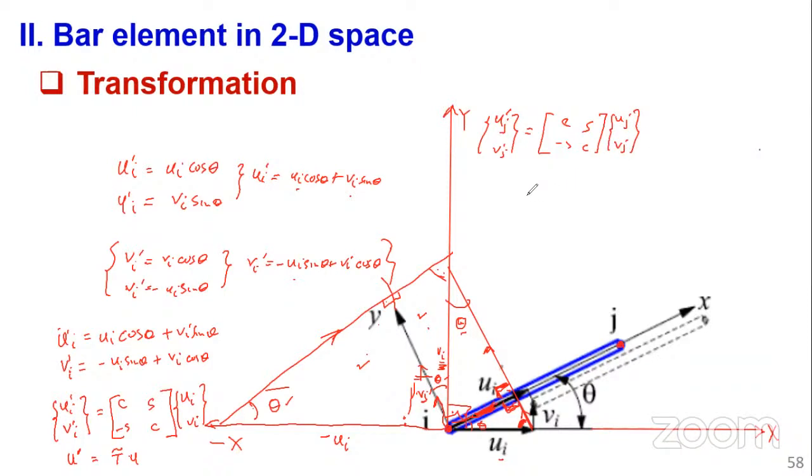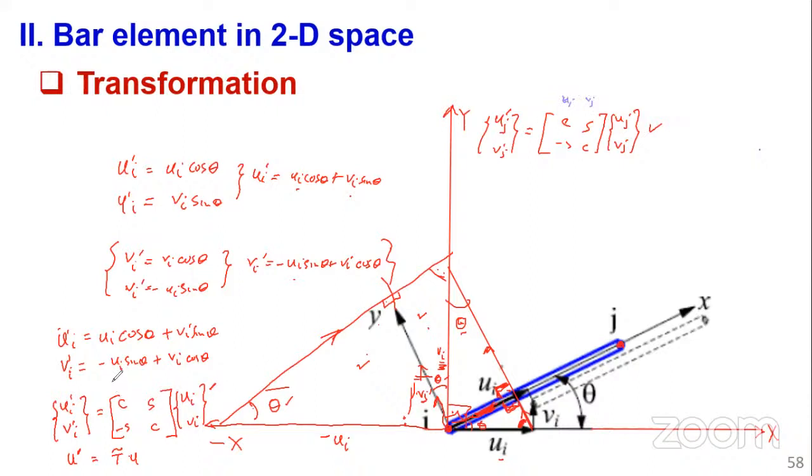And now what remains, of course, to transform the whole element, the two nodes together, we can merge the two equations. We can merge for the i's, the two nodes, and the j's. Remember at the top here, this is a component for Uj, Vj.